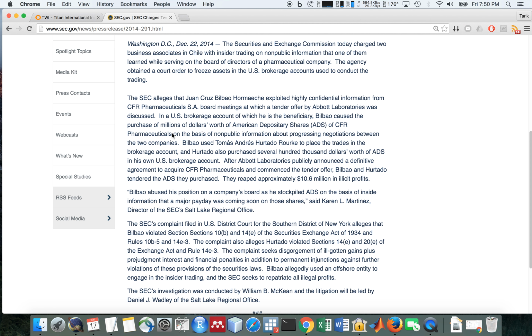So on the basis of that information, he was purchasing millions of dollars worth of the stock. And he used Tomas Andres to place the trades in the brokerage account. And he also purchased a couple $100,000 worth of the security. When Abbott announced the tender offer, they sold and they made about $10.6 million in illicit profits.